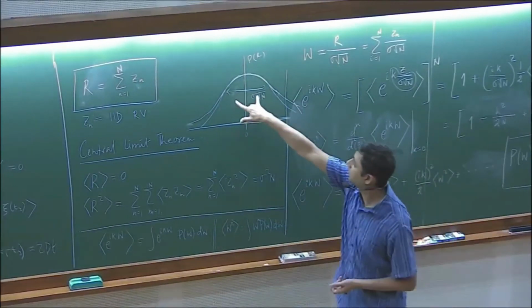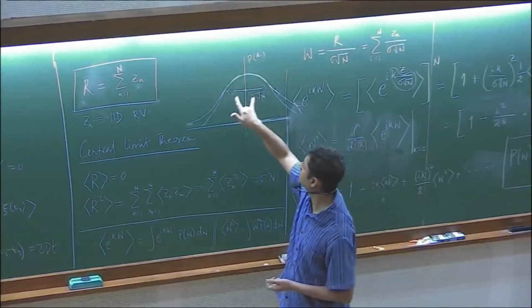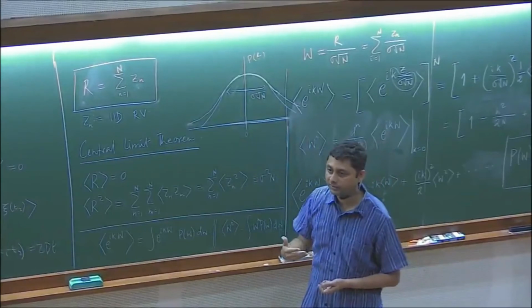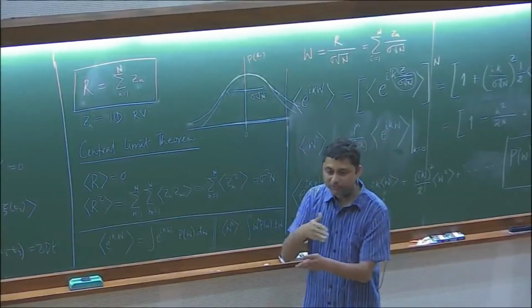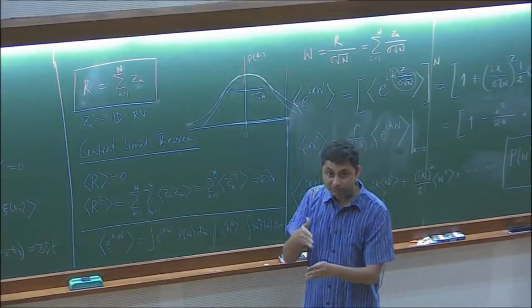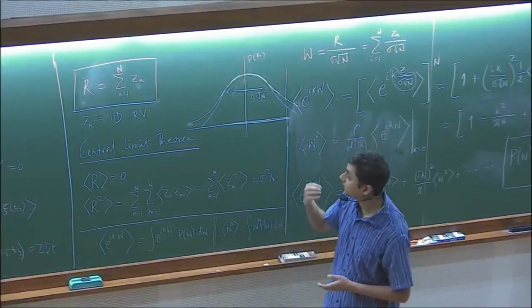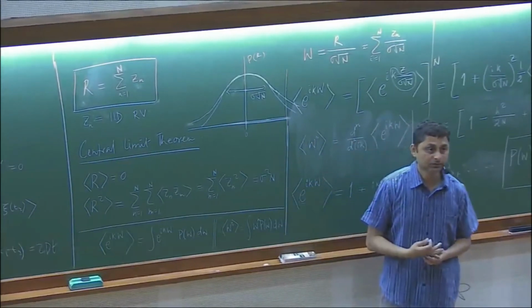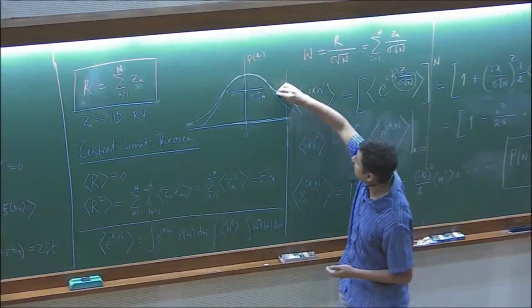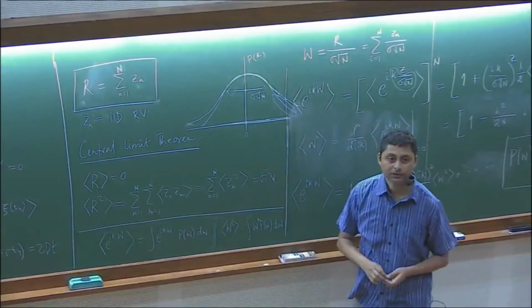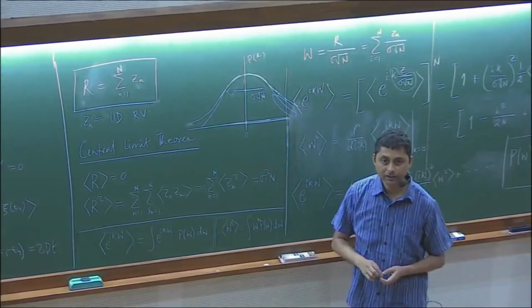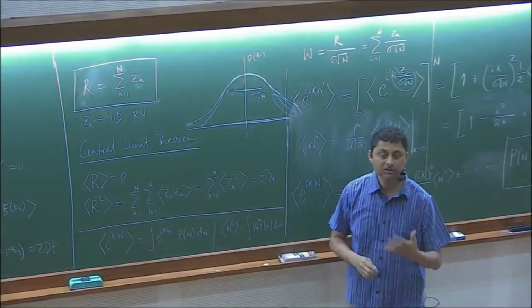So this central region, these are called the typical fluctuations, right? So typical fluctuation you assume at the level of the variance. So these typical fluctuations are described by Gaussian distribution. But there are of course these atypical fluctuations, right? And these are not Gaussian.